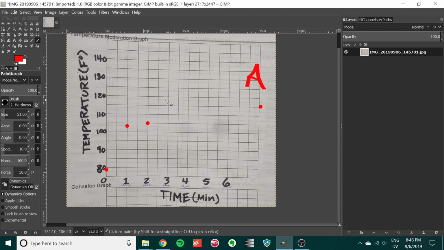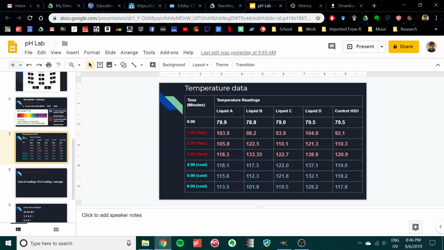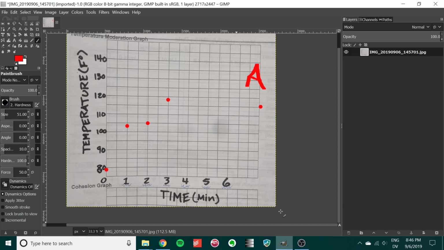Third minute, 118. Back and forth. Continuing reading this, 118, 115, 113. Obviously, you guys are not going to do this as fast as me. I've just done this so many times with you guys that I just remember the numbers.